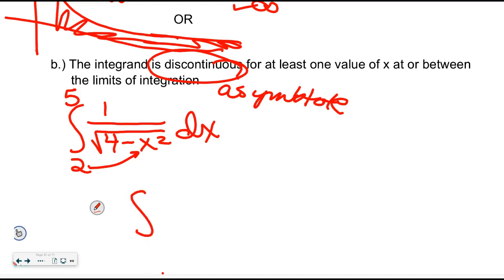Here's an issue in the bound, 1 over 3x minus 2 dx from 0 to 3. You now have to spot that there's an asymptote, and you can't hop an asymptote when you're trying to collect area. All right? So those are both improper.